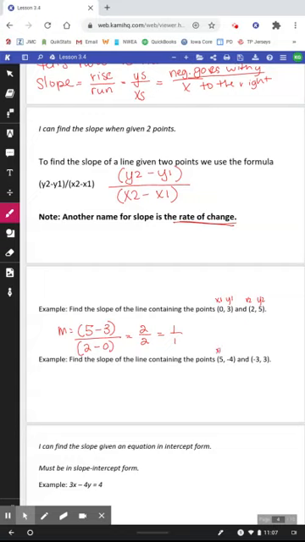Same thing on the second one, the first point I'm going to label x1, y1, and then x2, y2. So 3 minus negative 4 over negative 3 minus 5 gives me 7 over negative 8. And the negative always goes with the y, so I'm going to make it negative 7 over 8.